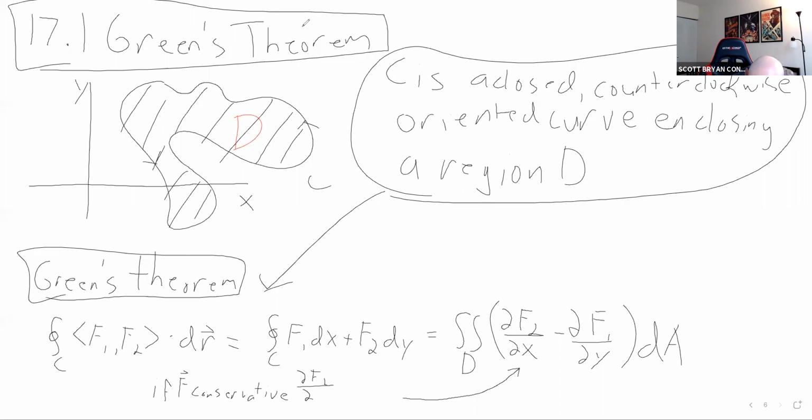So the partial of F2 with respect to x minus the partial of F1 with respect to y will be equal to 0 because the two are equal. And that's a good way to remember the thing that you're integrating. Remember that cross partials thing. And then just remember the one involving the partial with respect to x is coming first, because that sign does matter.